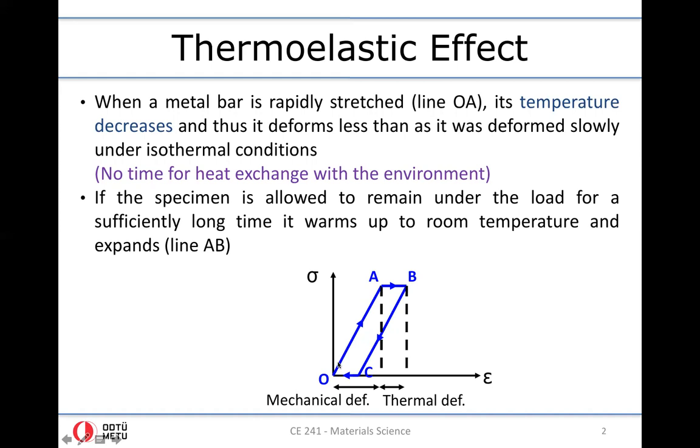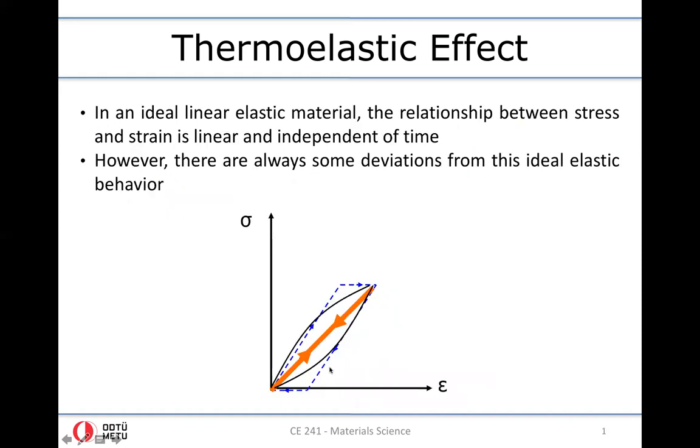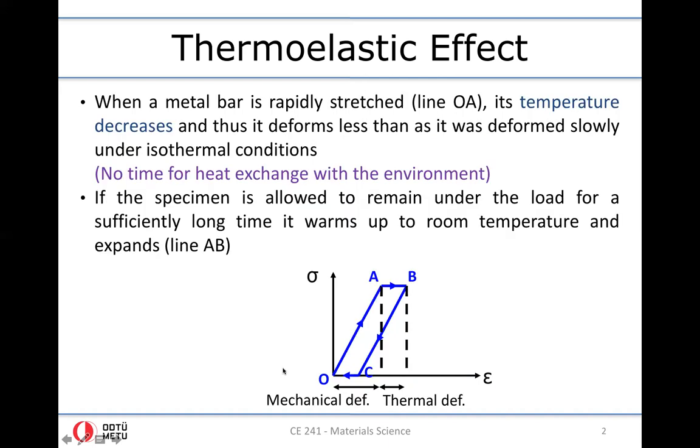That means the material will deform less than if it was deformed slowly under isothermal conditions, because under isothermal conditions, remember, your stress strain curve would look pretty much like this orange one. But in the latter case, the adiabatic case, where the loading rate is quite fast, you have the blue line from O to A. The reason is that the material essentially cools down when you stretch it.